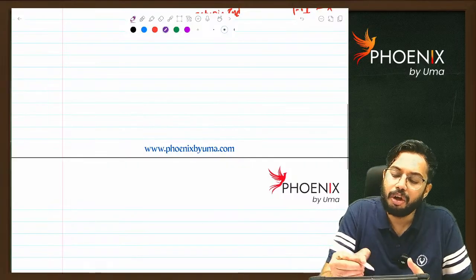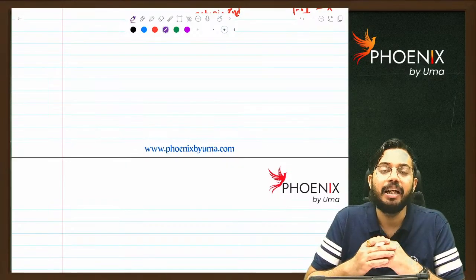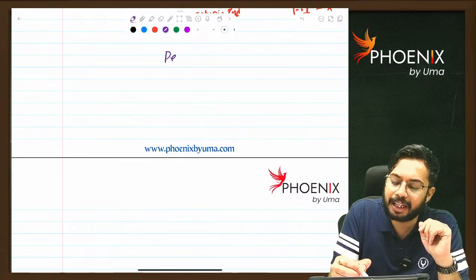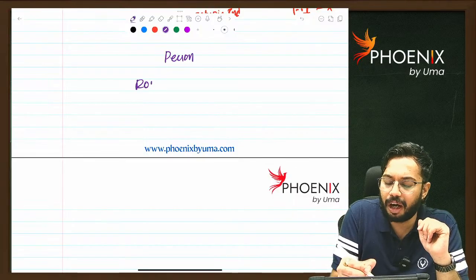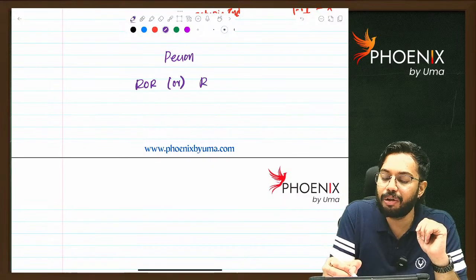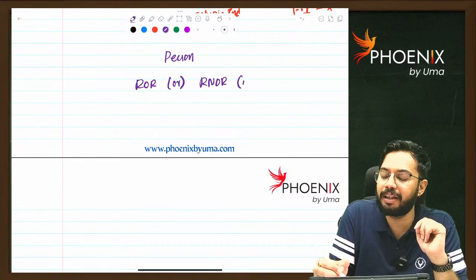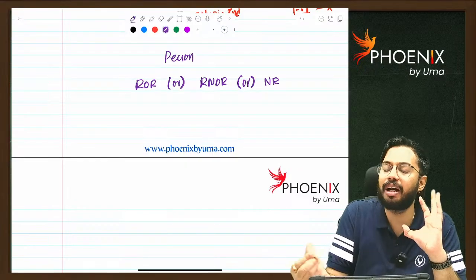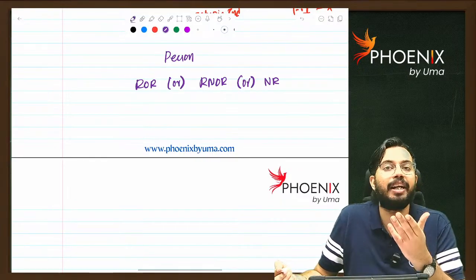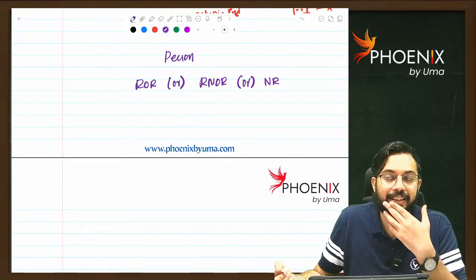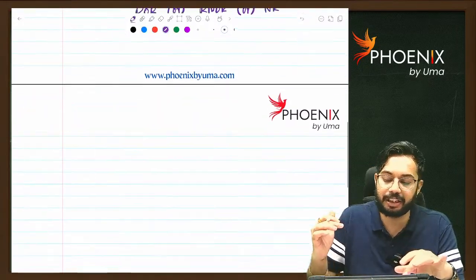Now, what do you mean by residential status? Determining whether a person is ROR, RNOR or non-resident. So the process of determining the person as ROR, RNOR or non-resident is determination of residential status. Sir, why do we need to determine residential status?